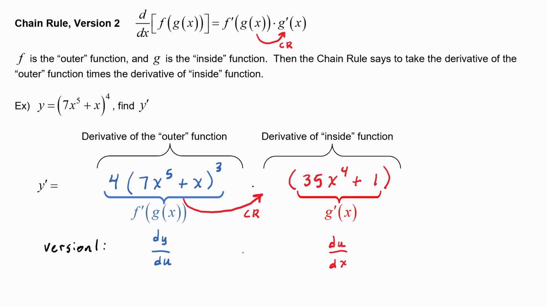So both versions of the chain rule are telling you to do the same thing. It just looks a little different in the processes. Typically, you will find that we use version 2 most often.